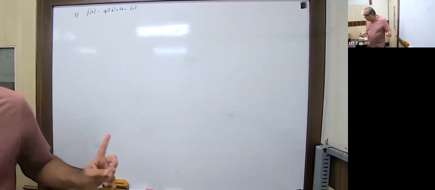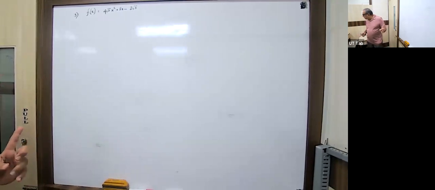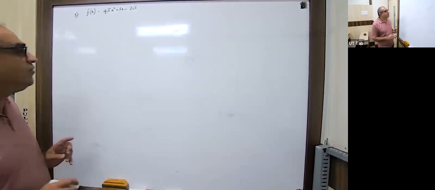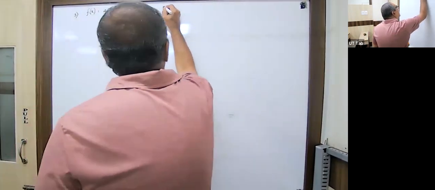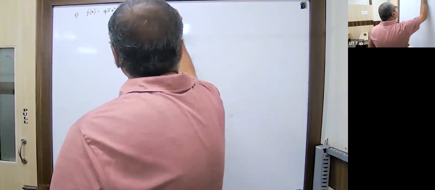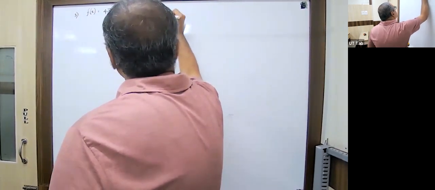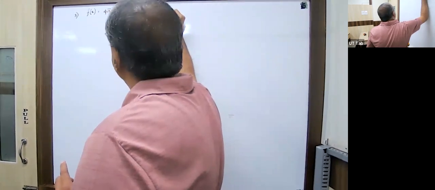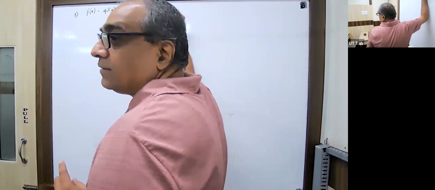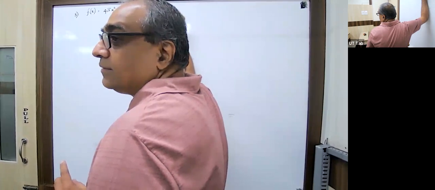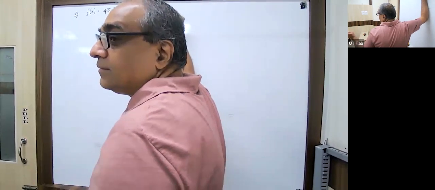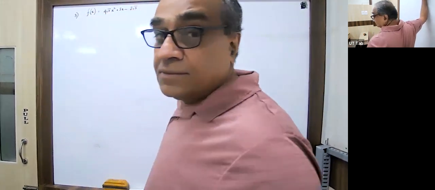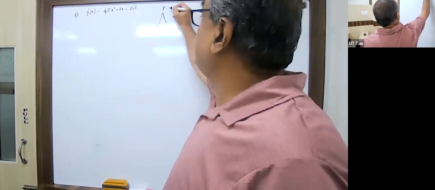I have to find the zeros by splitting the middle term. What is the product? Can you tell me? Minus 24.